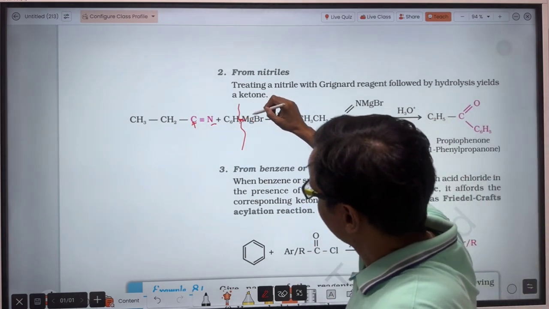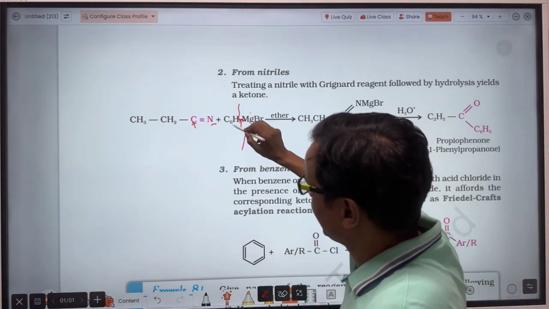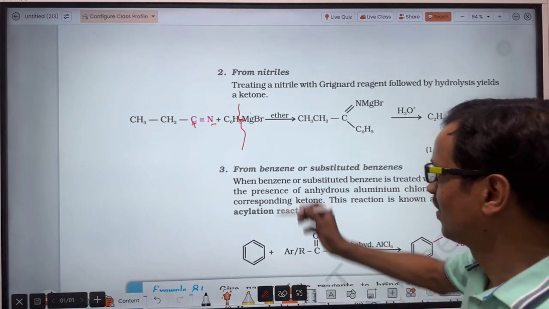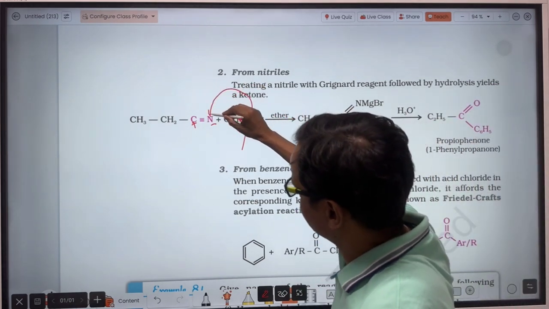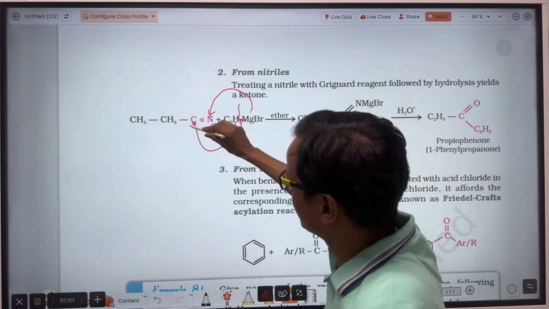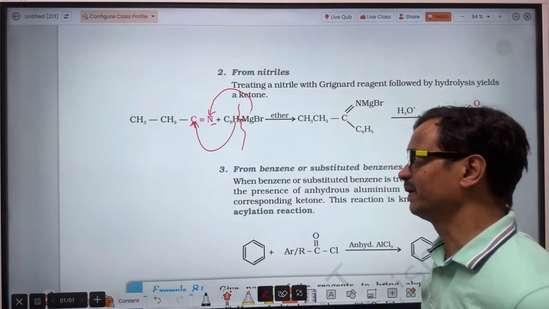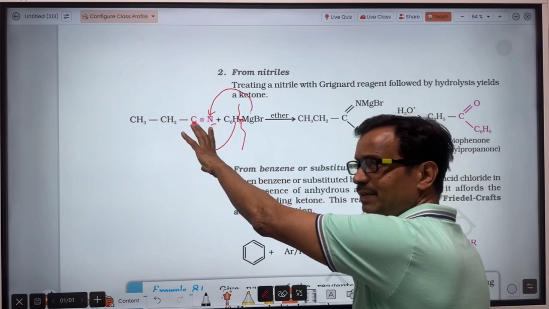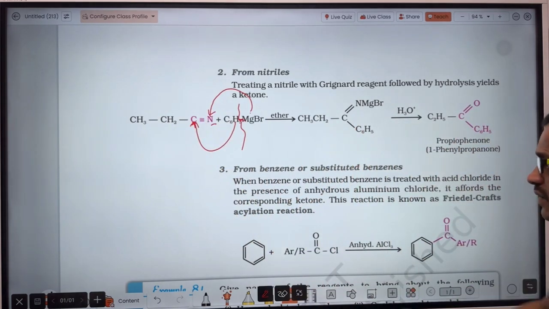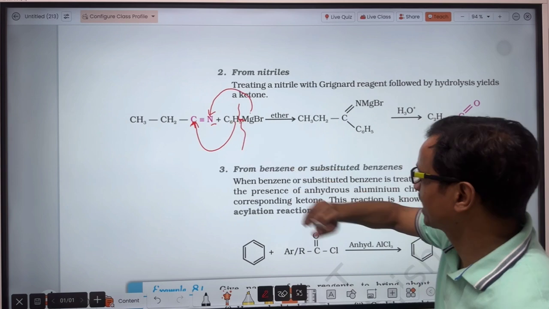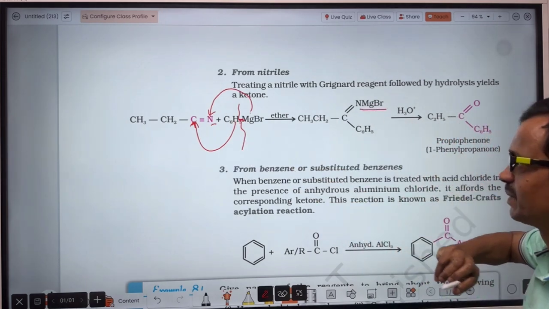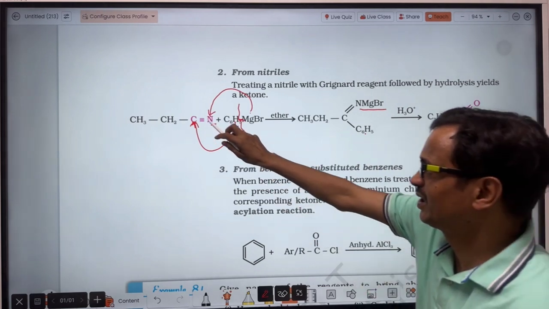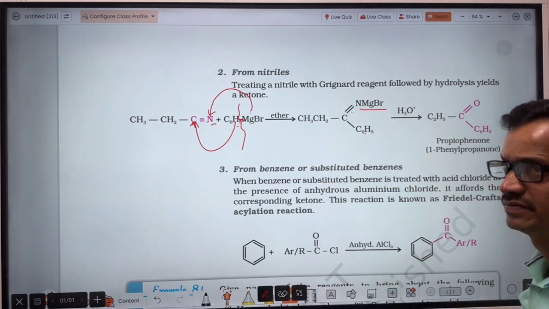In the Grignard reagent, magnesium is the positive part and the phenyl group is the negative part. So magnesium will combine to this nitrogen and this phenyl part will bond to this carbon. When that is added, the triple bond converts to a double bond. So MgBr has bonded to the nitrogen, the phenyl part has bonded to the carbon, and the triple bond has been converted into a double bond.